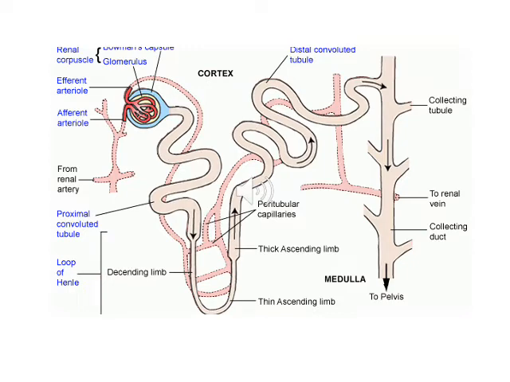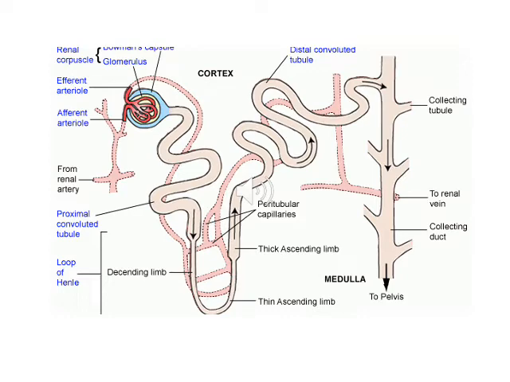The mammalian nephron is a long tube-like structure, its length varying from 35 to 55 millimeters. At one end the tube is closed, folded and expanded into a double-walled, cup-like structure called the Bowman capsule or renal corpuscle.